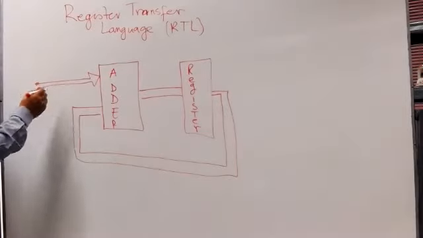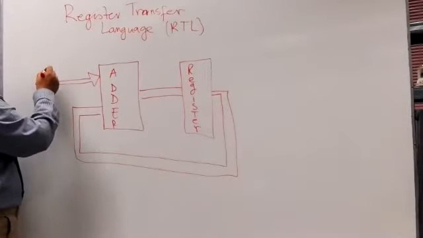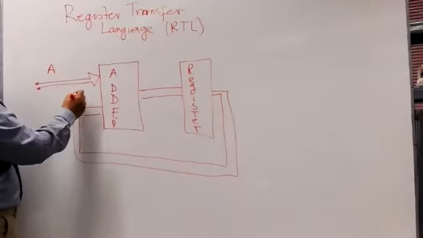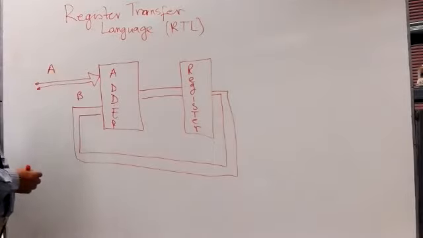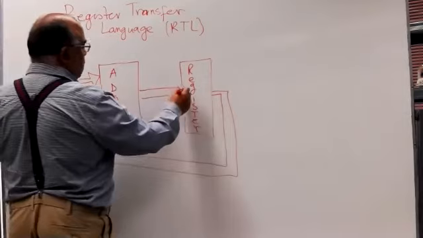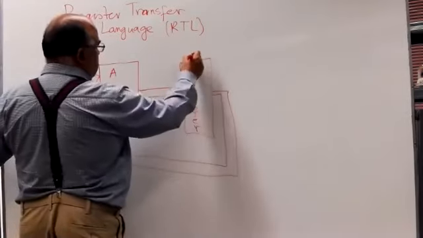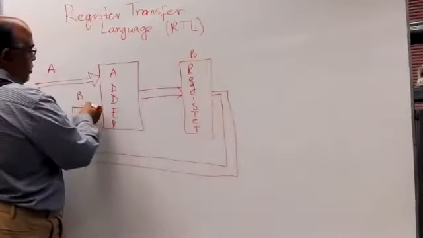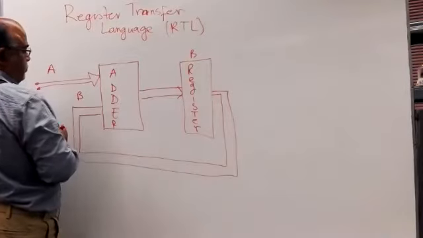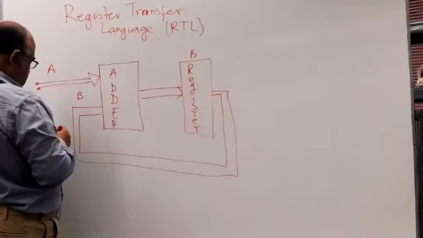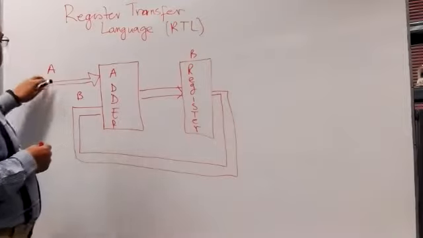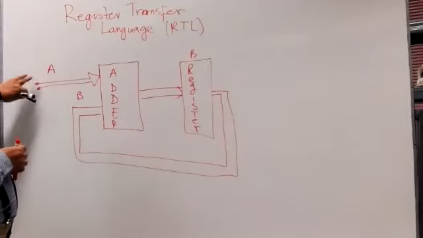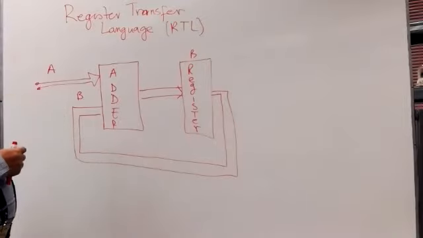You probably did it in the lab too, and otherwise as well. So this is the A input, this is the B input. And this can be called register B because its output is B. The A is coming from switches, where you can set some switches over here.